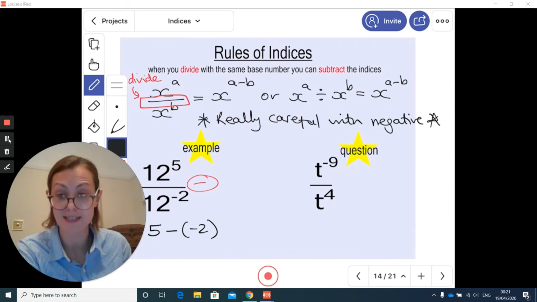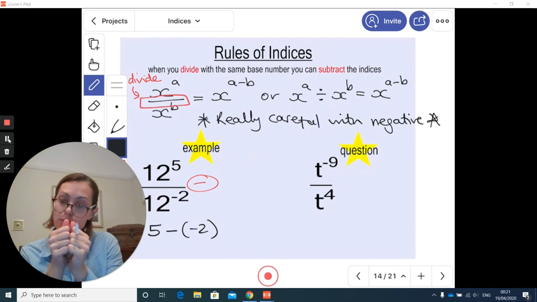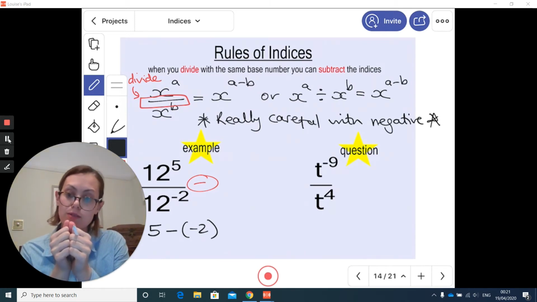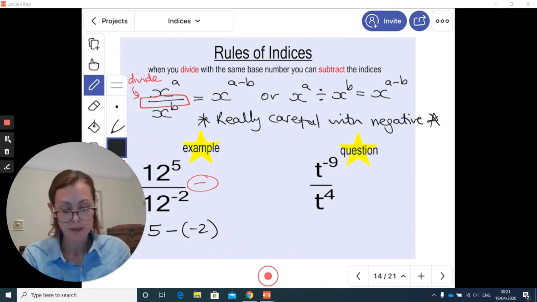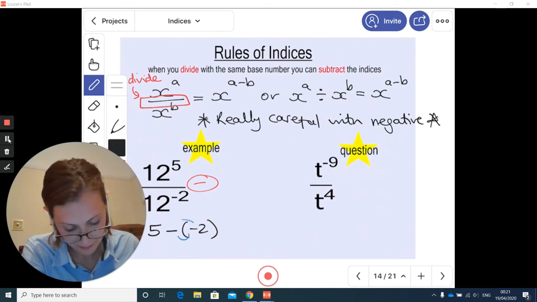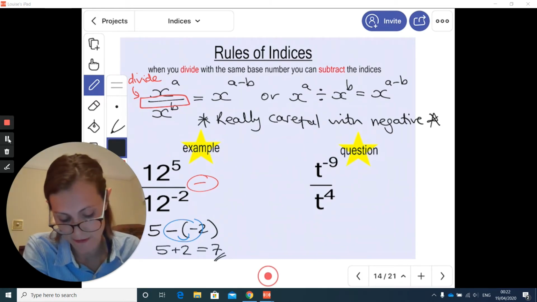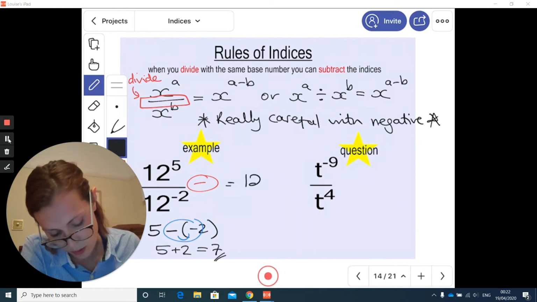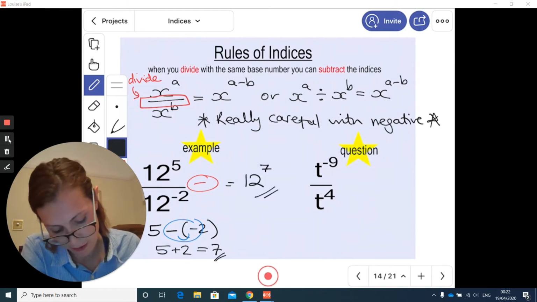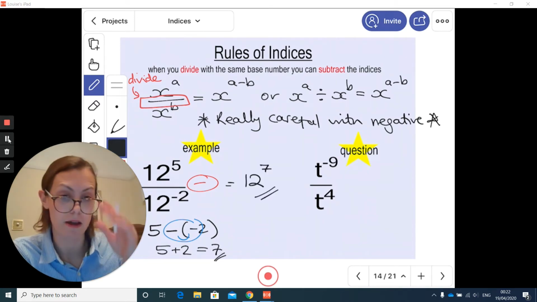So you've got 2 minuses touching. So we're going right back to the start when we're looking at our core skills. 2 minuses touching, you've got the same signs. That makes me happy. So it becomes 5 plus 2. So this answer is 7. The final answer here is 12 to the power of 7.